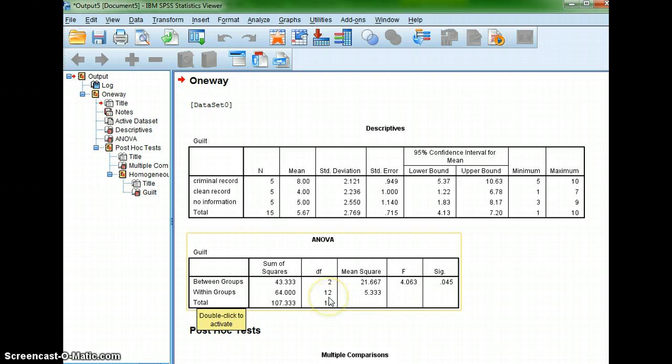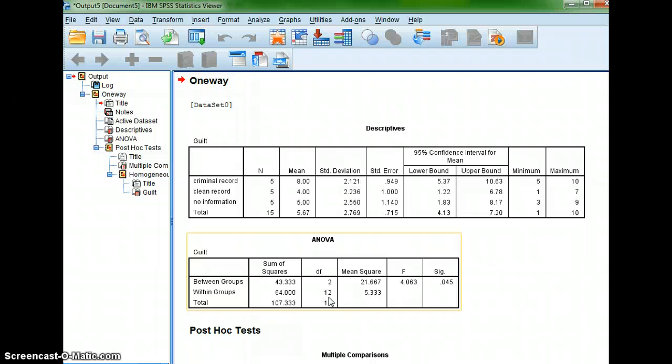So what I want to do is find that cutoff F value with that particular information at the 0.05 alpha level. So I'm going to go down to my denominator degrees of freedom of 12, and then I'm going to go across to where my degrees of freedom for my numerator between groups was 2. And then I have to go to the middle value there because I'm at the 0.05 alpha level.